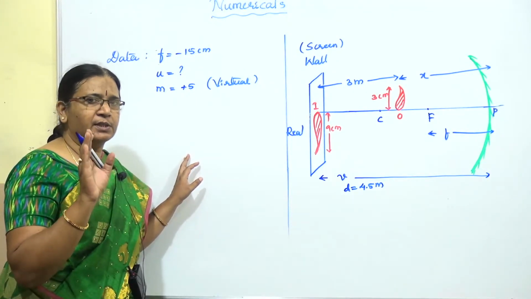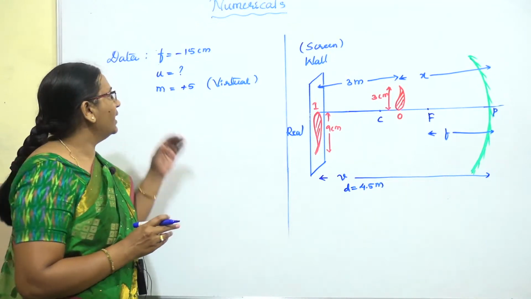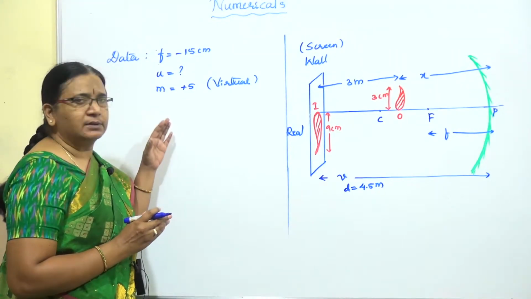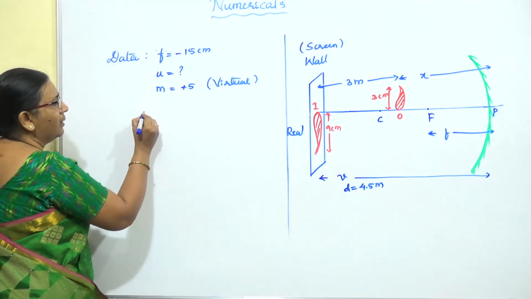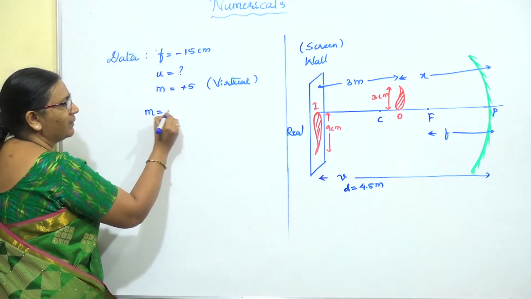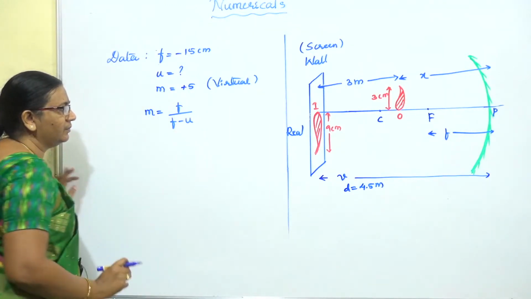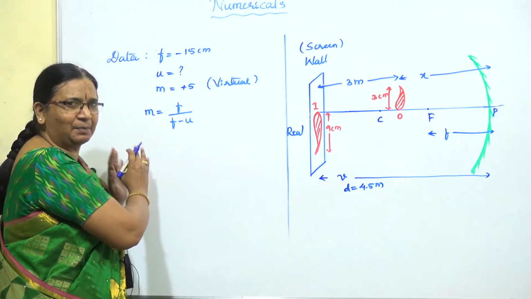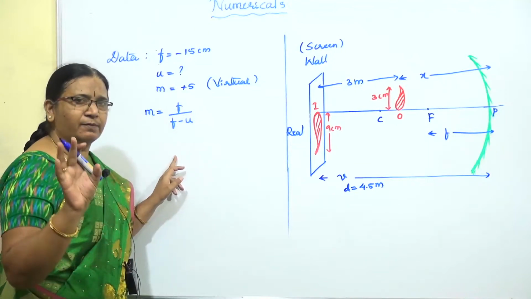One more class was taken yesterday, of around 20 minutes, where I covered 2 more formulas, and there was a relation between these directly. What was the relation? Magnification can also be given as f divided by f minus u. I think while deriving this, by taking minus 1 by m this side, I had kept it as it is. So a slight sign problem was there, but this is the formula I have finally written.